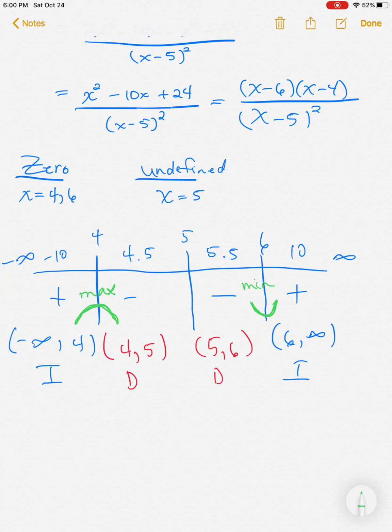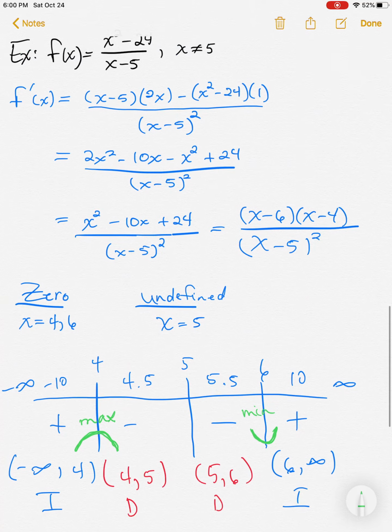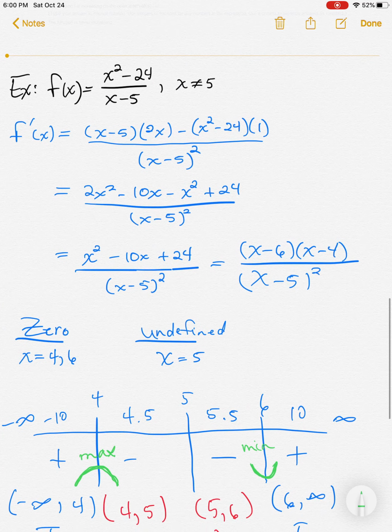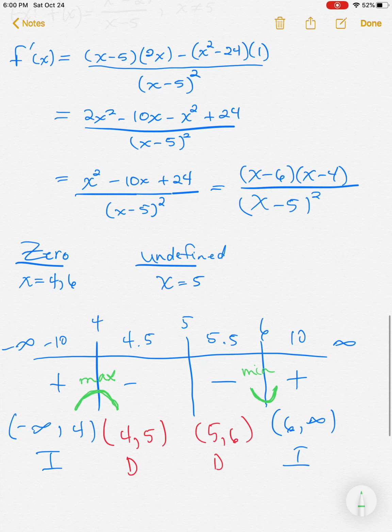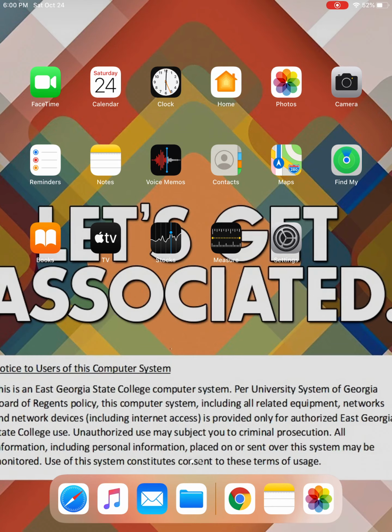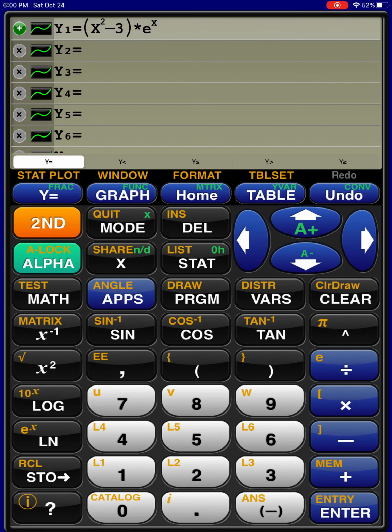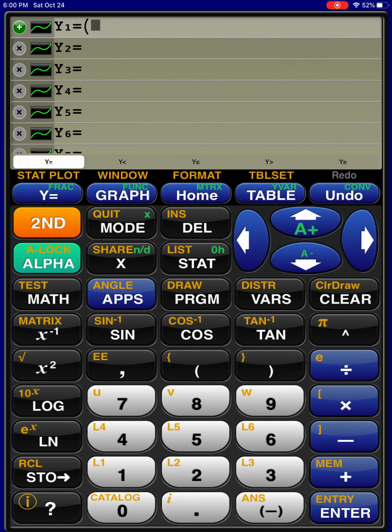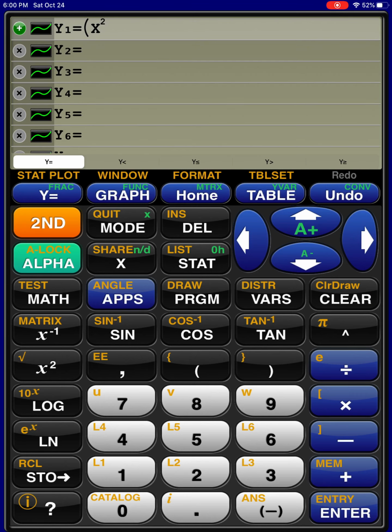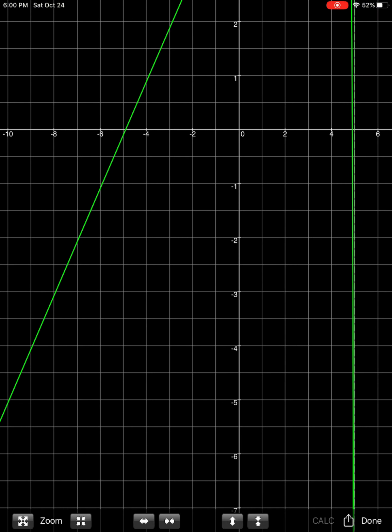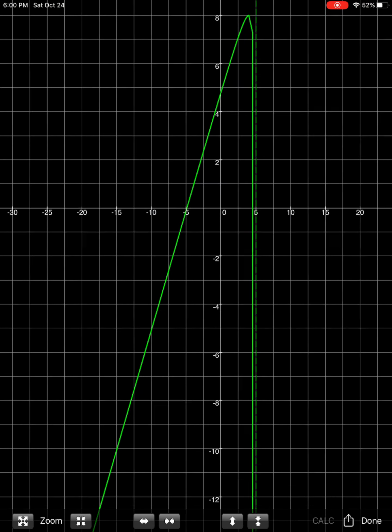But I also want you to be able to visualize this in a calculator. So we're going to take our function and drop it off in the calculator. X squared minus 24 over x minus 5. We have x squared minus 24 divided by x minus 5 and graph it.